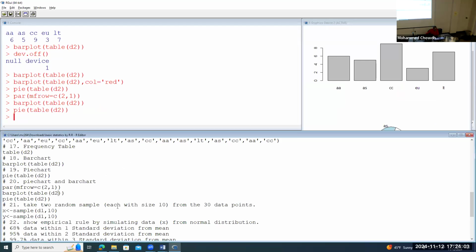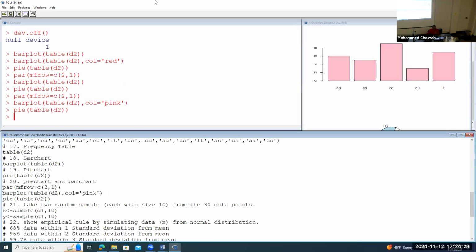And then if you want to put here col equal to, if you put here pink, then if you go there, Control R, you'll see the figure.